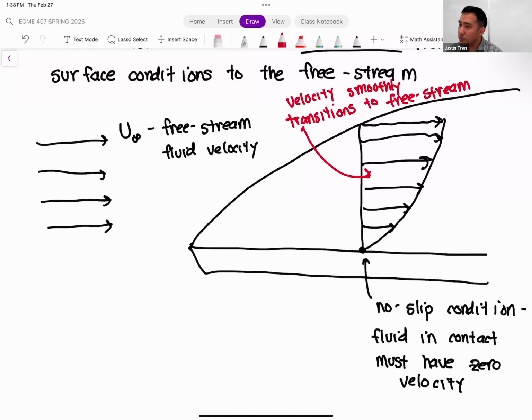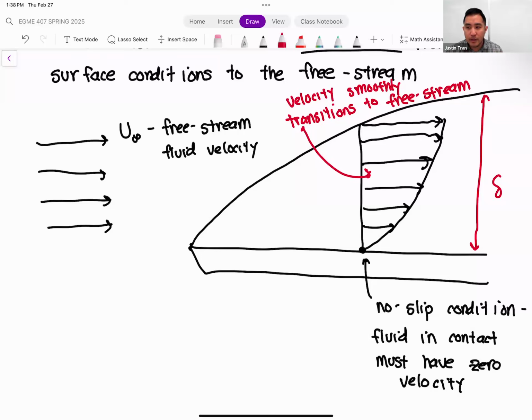Now the boundary layer may be really thin, and a lot of times it is. Typically the height of the boundary layer, we give it the symbol delta. The exact height depends on the system itself, but it's not uncommon for delta to be maybe a few microns thick. So this distance is very small, but there has to be a place where this transition is smooth.